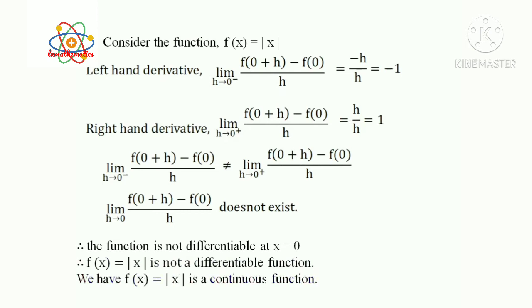We have f(x) = |x| is a continuous function. That is, a continuous function need not be differentiable. Let y = f∘g(x), or f(g(x)), a composition function. We can write y = f(u), where u = g(x).